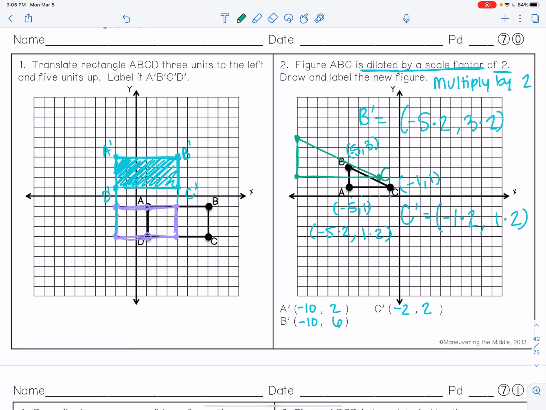So we have our C prime here, our B prime here, and our A prime here. I'm going to go ahead and erase the original stuff I wrote just so it looks a little more neat. And this is all you should have here. All right, and that is it for today.